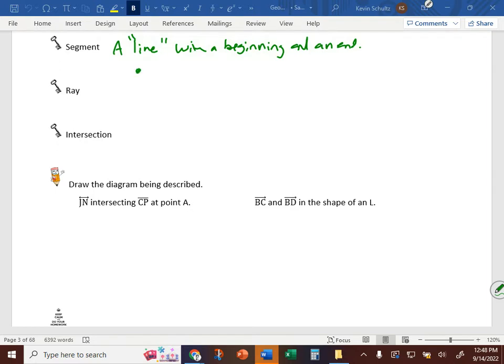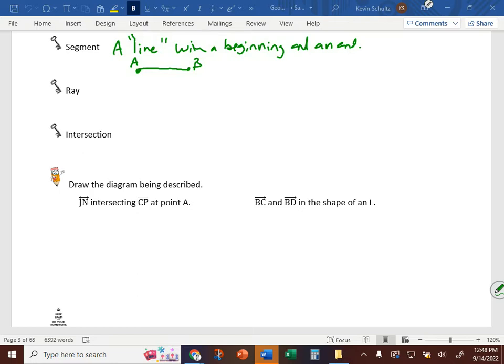So if we had points A and B, okay, and connected them without the arrows, that would be segment AB. And another important difference between a segment and a line is that a segment can be measured. A segment has a length because it has a beginning and an end. A line cannot be measured.